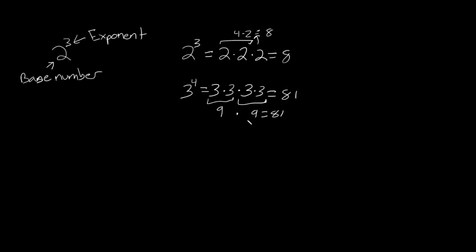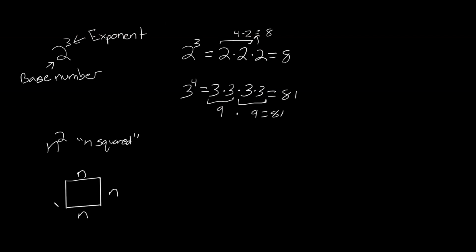And some language that we use I want to introduce you to as well. So when we have just some number n being raised to the 2nd power, we call that n squared. And you can imagine that if we have some square, probably looks more like a rectangle, but let's say that this square has side lengths n.